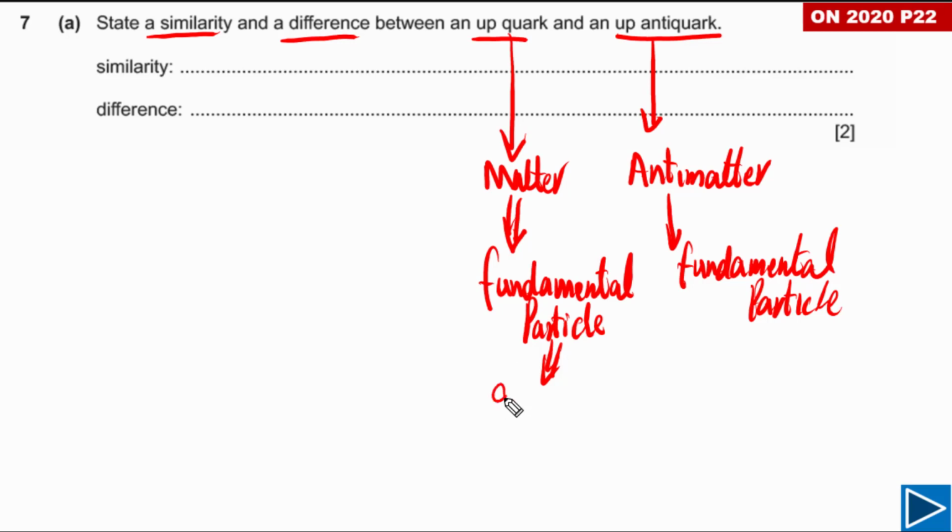The charge on the up quark is plus 2/3 of the charge on an electron, but the charge on the up anti-quark, because this is antimatter, has to be opposite. So this is minus 2/3 of the charge on an electron. If you have this understanding, we can write down our answer.